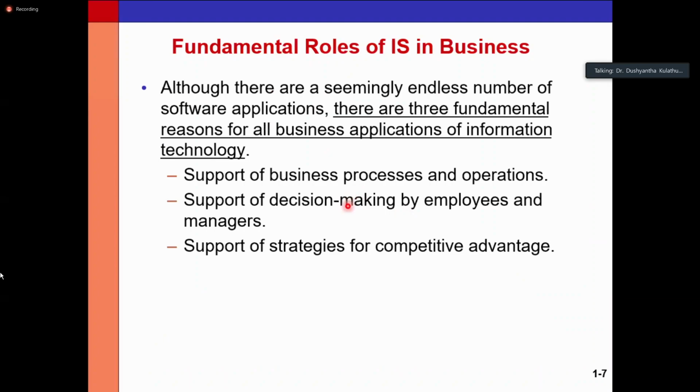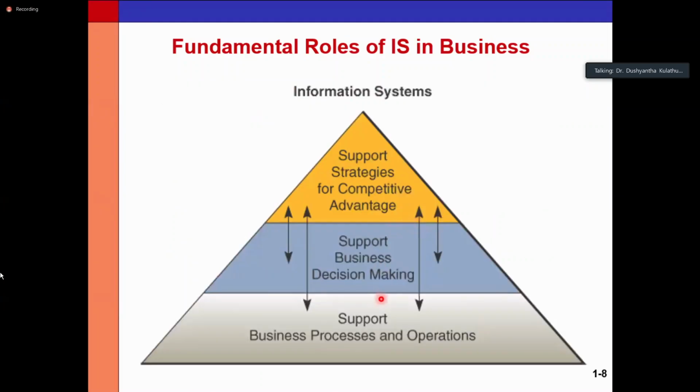Okay, I think we can continue with the discussion. We said that there are three fundamental reasons for utilizing software applications, so information systems, within organizations, and that is elaborated in the next diagram also. These are the three primary reasons, and there will be some connection between these objectives. They are not isolated objectives of the organization.